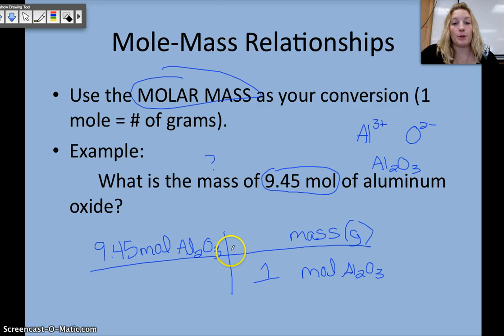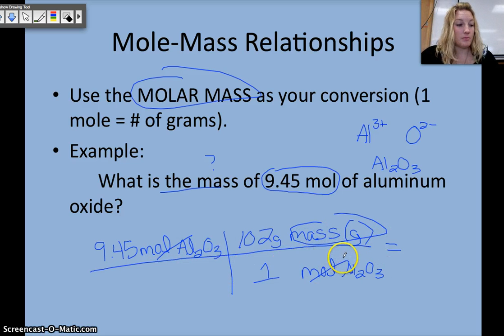So if we add up 2 aluminums and 3 oxygens, we end up with 102 grams of aluminum oxide. So our moles cancel out, we're left in grams, or our mass, which is what we wanted. So again, multiply across the top, divide across the bottom, and you would get 963.9 grams of aluminum oxide.